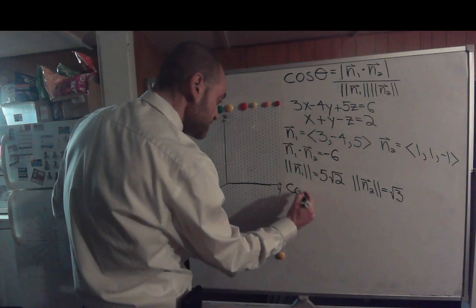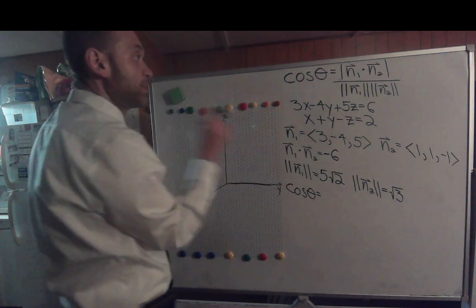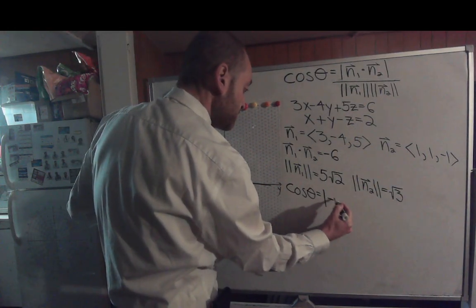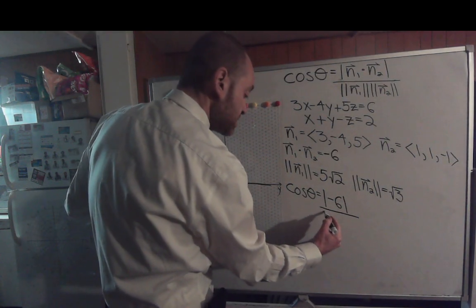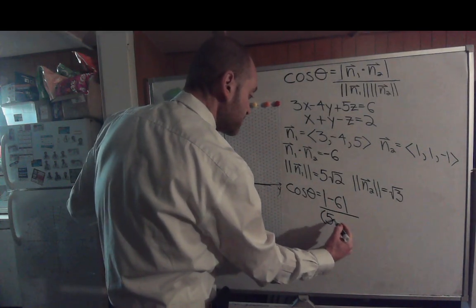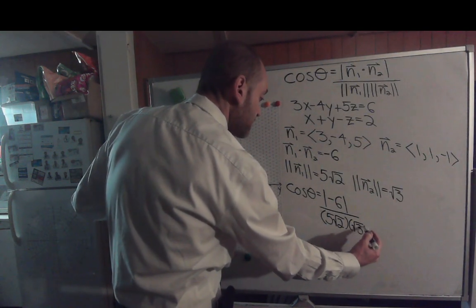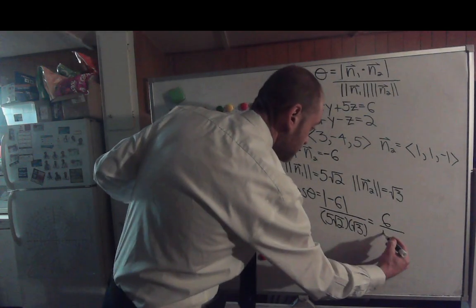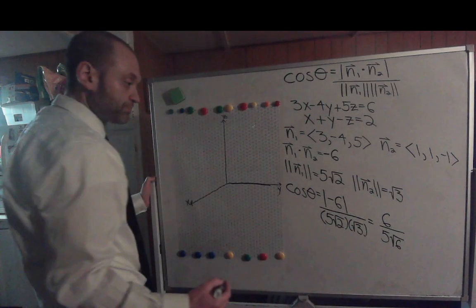So the cosine of theta, if we apply this formula, the absolute value of the dot product, so that would be the absolute value of negative 6 all over the product of your magnitudes. So that would be 5 times the square root of 2 times the square root of 3. Well, this would turn into positive 6 all over 5 times the square root of 6.